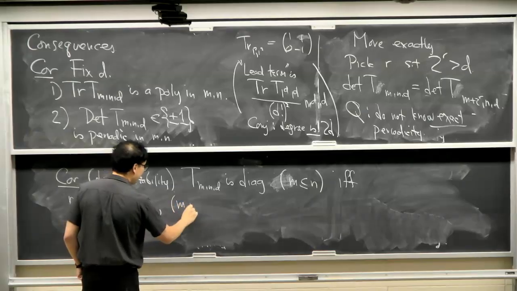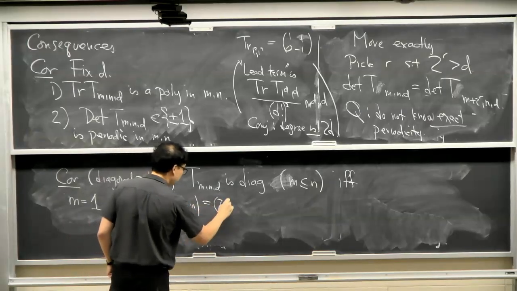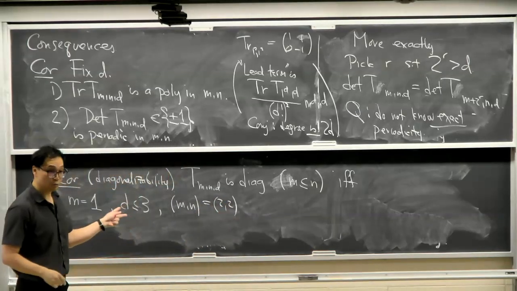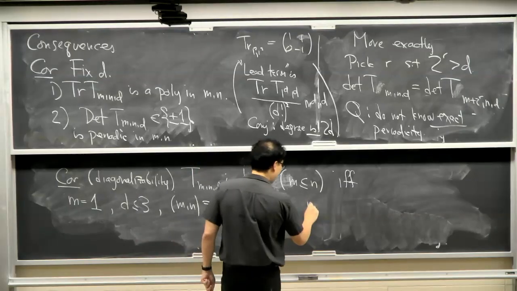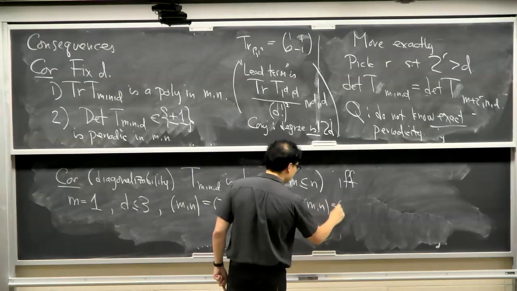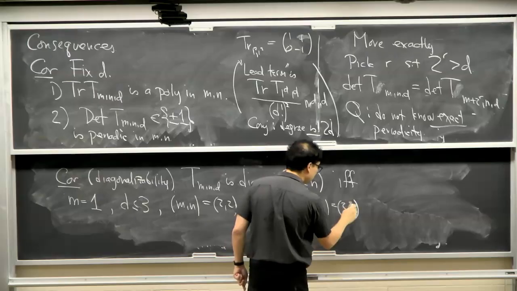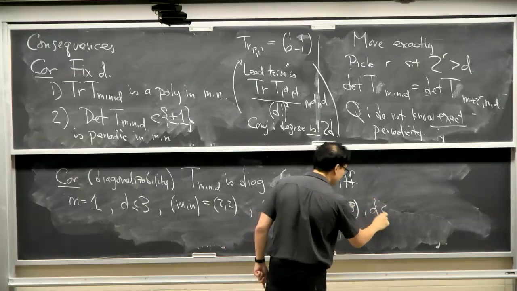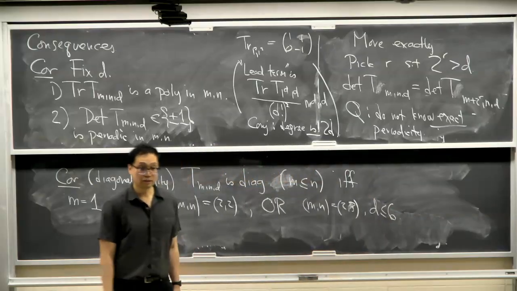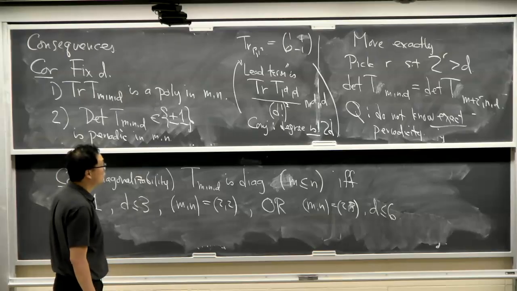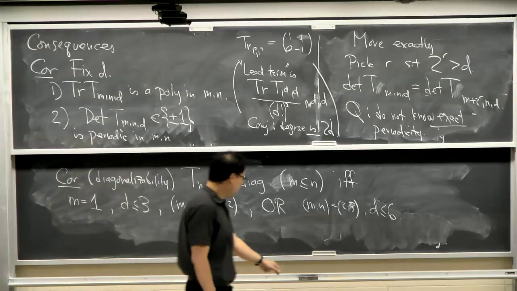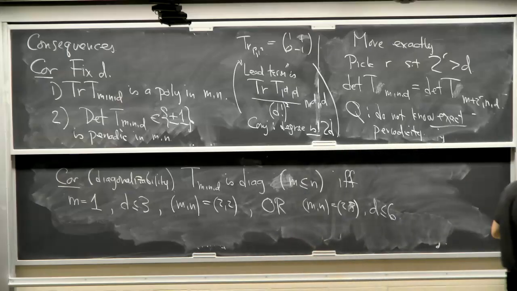You have M, N equal to 2, 2, and D is whatever you want. Or M, N equals 2, 3, and D is less than or equal to 6. That was our theorem, our corollary. So now let me show you an equivalent formulation.